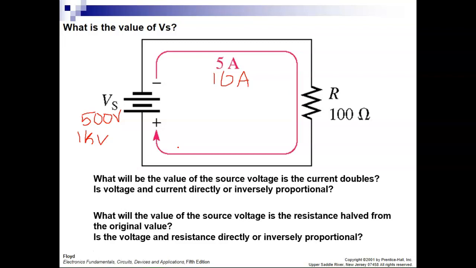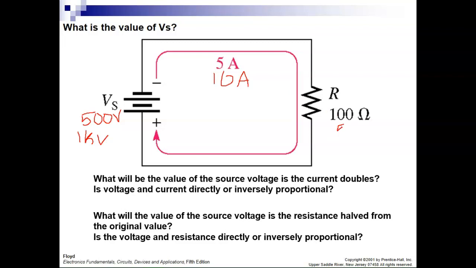Very good. So does that mean they're directly or inversely proportional? They're directly proportional. So what would happen instead if my resistance, instead of my current, went to half?